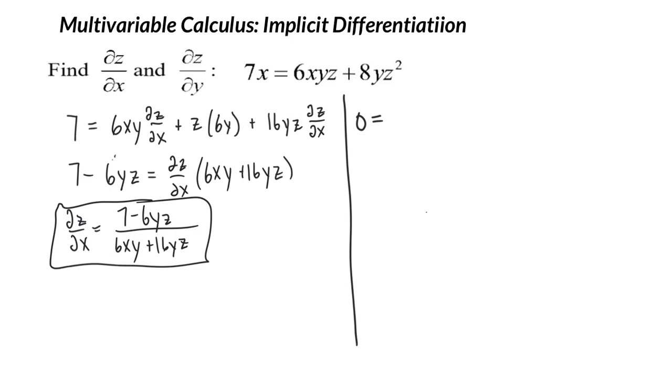So I'm going to start by, again, thinking of 6xy as one function and z as another. And the derivative, we'd have first times derivative of the second. Remember, now it's with respect to y, plus the second times derivative of the first. And the derivative of 6xy, if y is the variable and x is the constant, is just 6x.